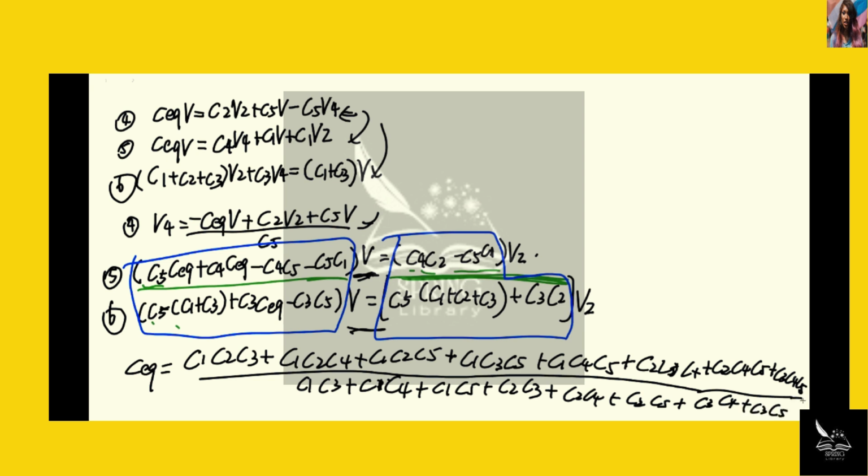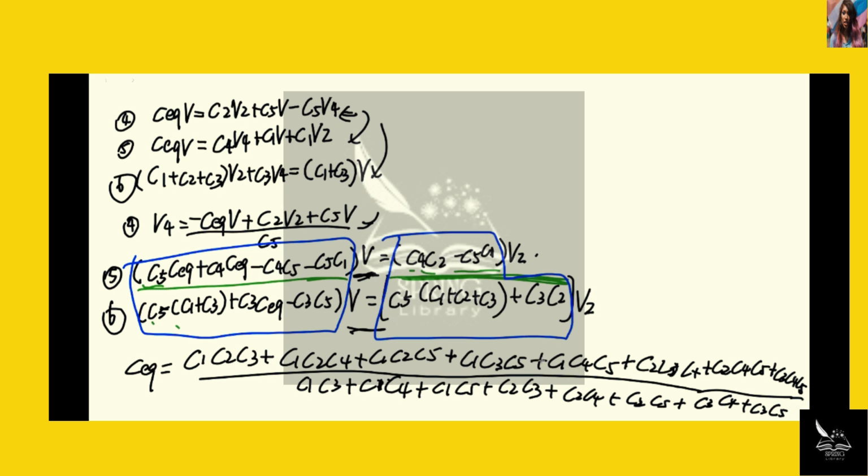I lied, all possible combinations excluding C4, C5. But this is the equivalent capacitance of this whole system. This is really messy, this is really complicated, and make sure your arithmetic matches mine, because there are a million ways you can get this wrong.